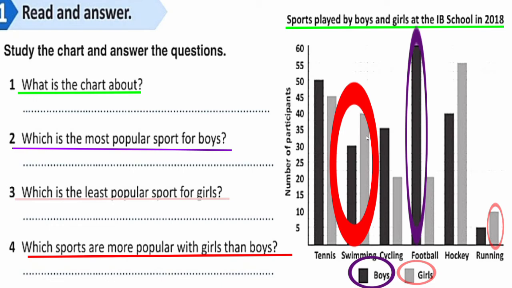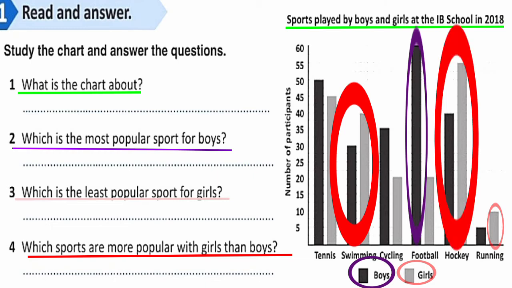So swimming is more popular with girls than boys. The second one, of course, is hockey. As you can see here, the girls like this sport more than boys. And finally, of course, running. Running here is more popular with girls than boys.